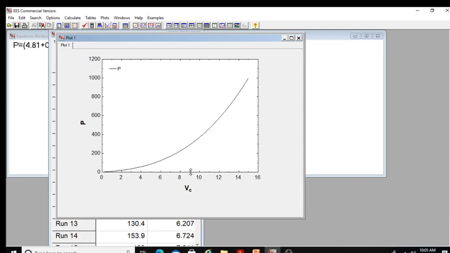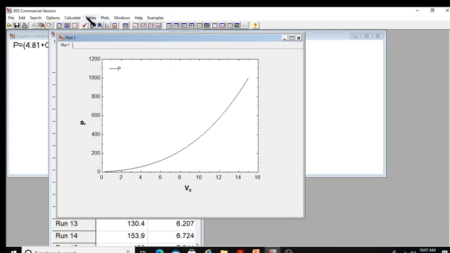As I increase the speed, we can see that the power varies non-linearly with the cycle speed. That is very important because of this non-linear term of the drag force, which is the square of the velocity. That's why we have this non-linear behavior. Moving from 10 meters per second to 11 meters per second, there is a huge requirement of power because of this non-linear behavior.